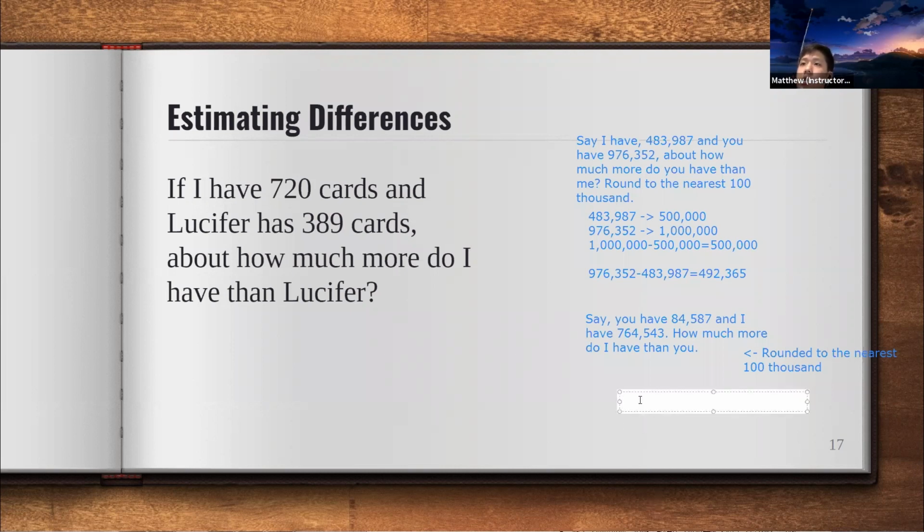But for this one, rounded to the nearest 100,000, you have about 100,000, and I have about 800,000. 800,000 minus 100,000 is equal to 700,000. So I have about 700,000 more than you. Alright?